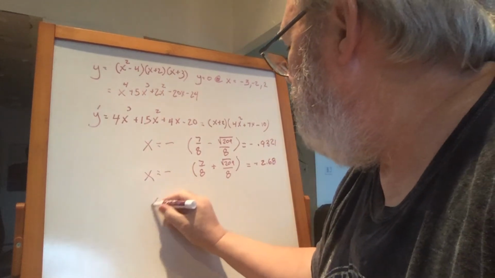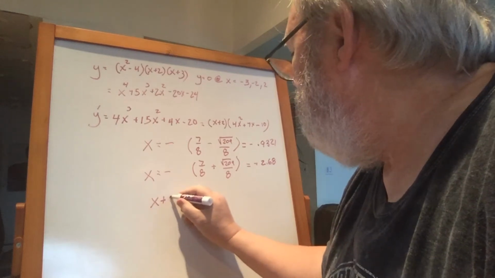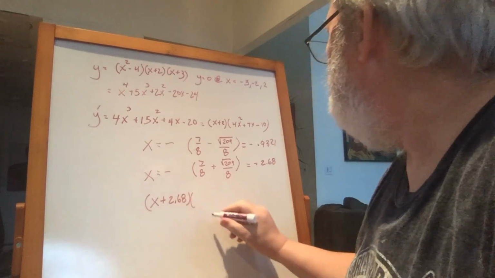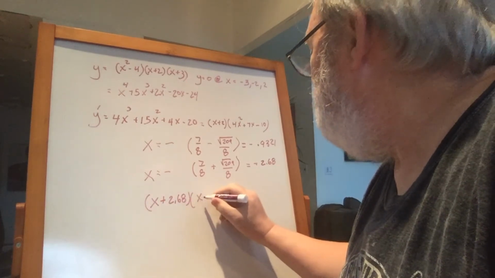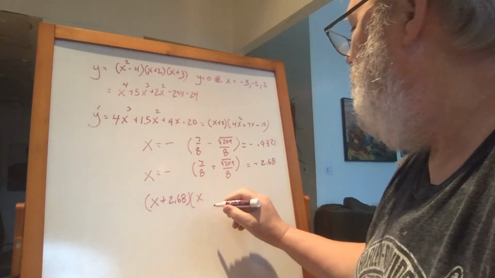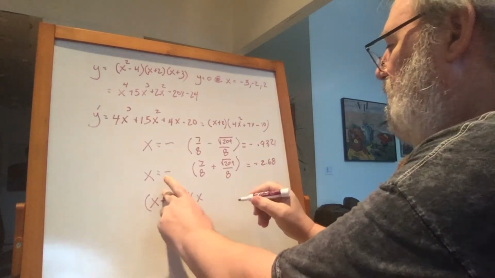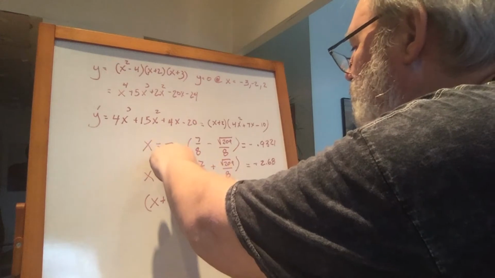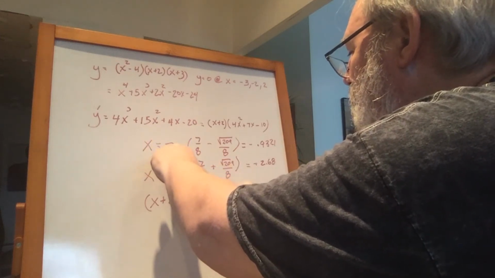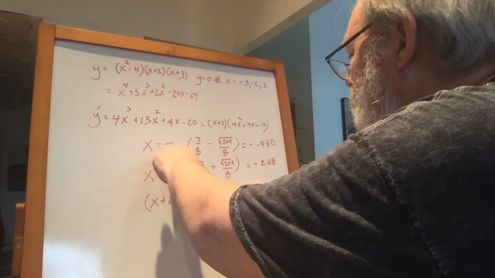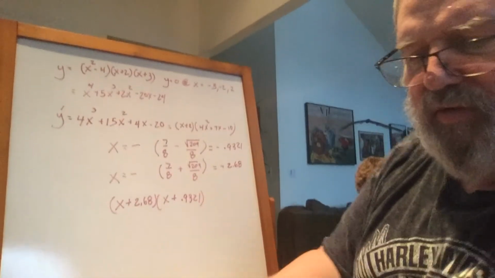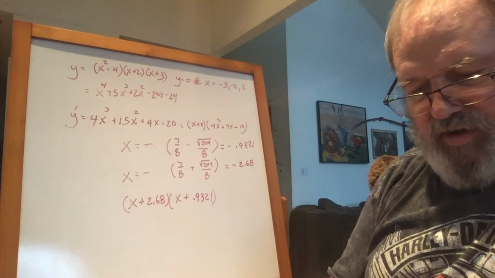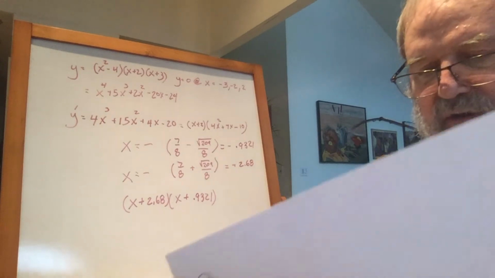So we got x plus 2.68 times x plus 0.9321, if I am correct. So let's see. Oh, I've got it there.